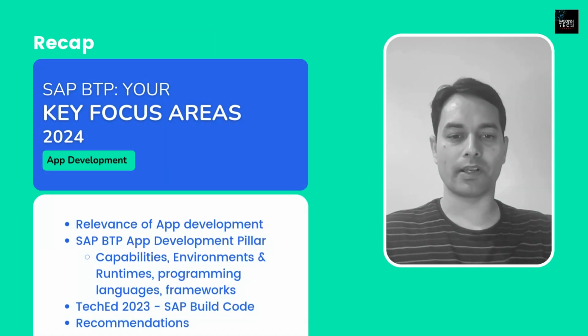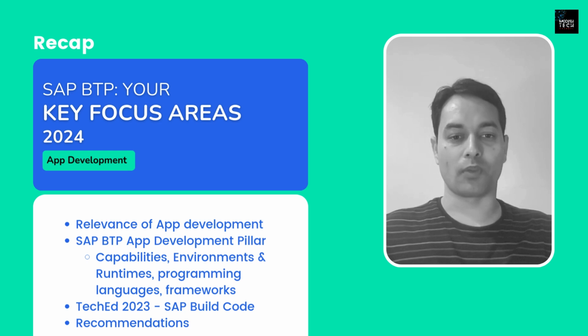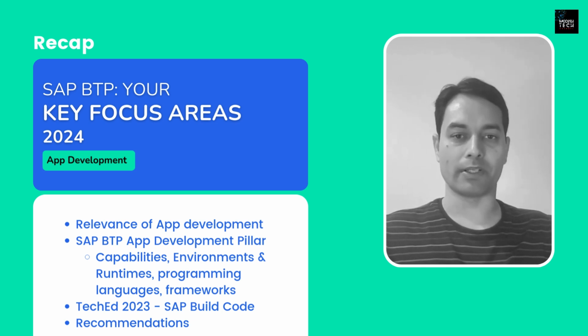In the application development episode, we looked at why application development is important and what is the relationship between your company's growth and the innovation which we are doing right now, which is essential. And then we moved to SAP BTP pillar. We talked about the capabilities, environments, the programming languages, runtimes, and all these things, even the framework of the applications, how we build it.